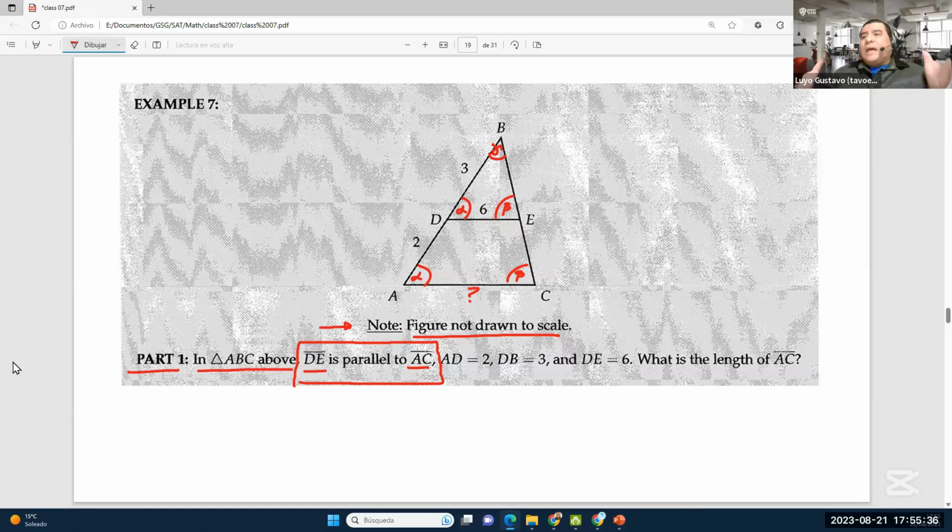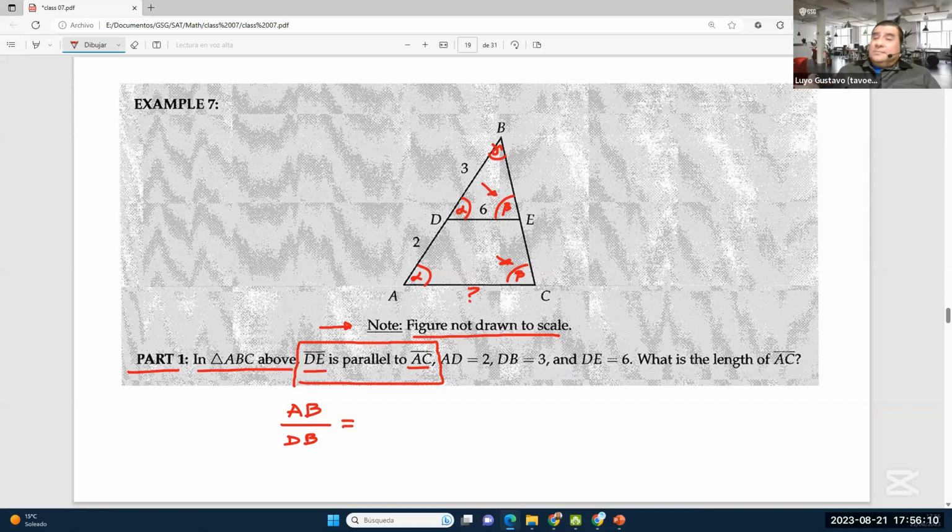So these triangles are proportional, and we can formulate proportions between the lengths of their corresponding sides. So this proportion, that is to say, side AB, that is the side opposite to this angle beta in the big triangle, is to DB, the same side in the small triangle opposite to angle beta.